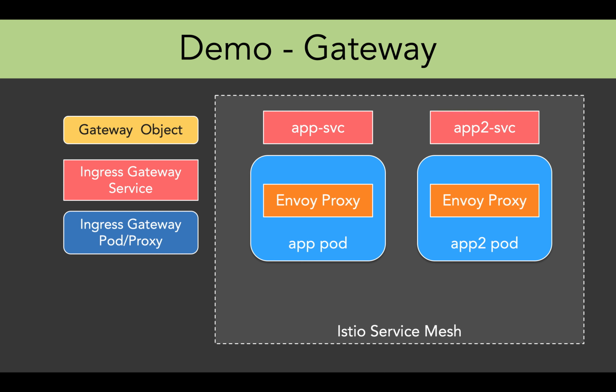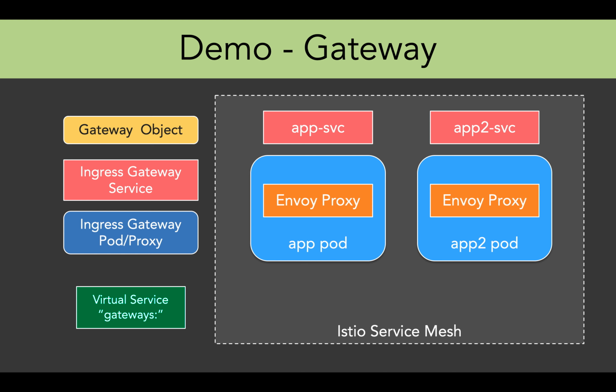We have to give the host information from where we are expecting traffic from. Otherwise, anyone can come and connect to your application in the service mesh. So that's what the hosts in gateway object does. It tells the proxy that whenever you receive traffic for that particular host, like in our case it is deep.com, then only get it and do further processing.